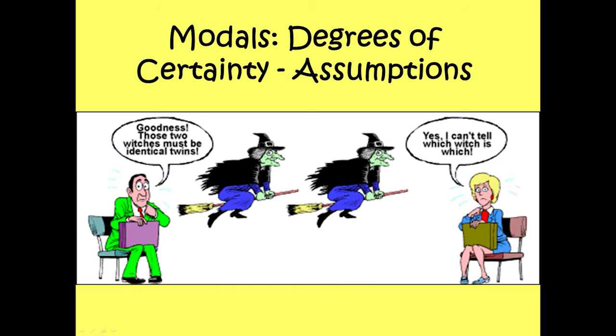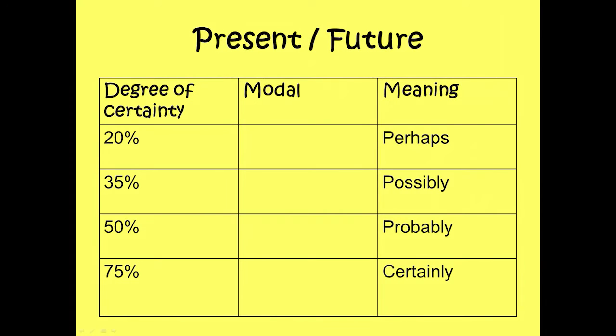So, well, there is some pun in there playing with words. Which is which? Oh, I'm sorry. I can't tell. So here, once again, the lady is also sure. She's certain. She cannot differentiate between the two witches.